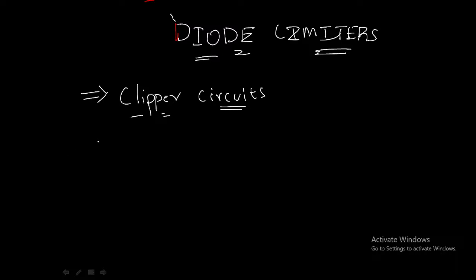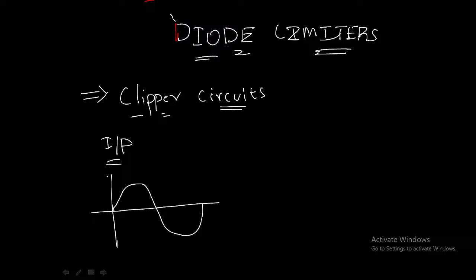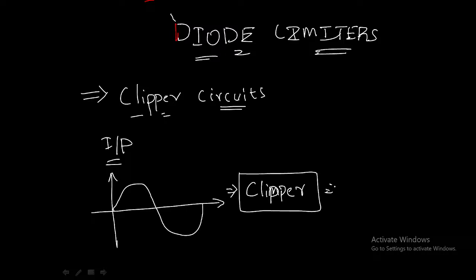For example, if we have an input AC voltage, let's say this is our sinusoidal wave input, and we pass it through this diode clipper circuit, then the output of this positive clipper circuit will look like this.